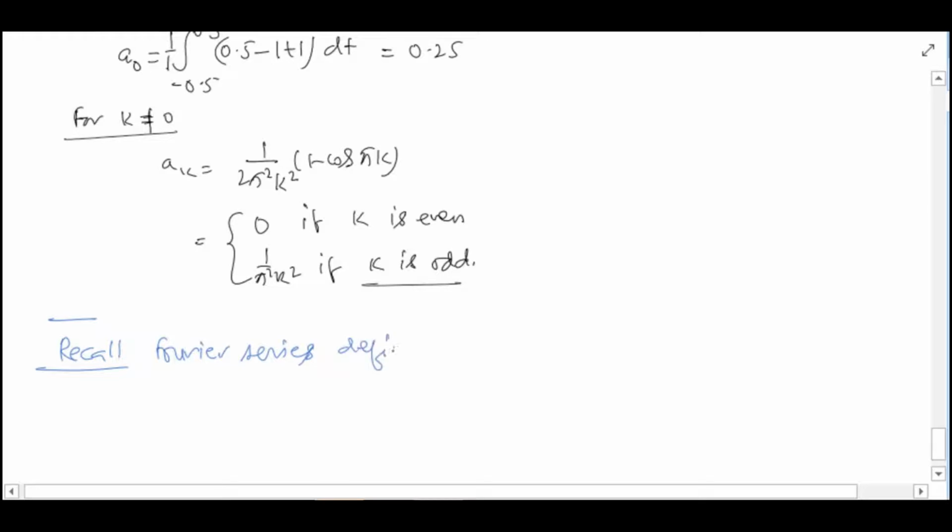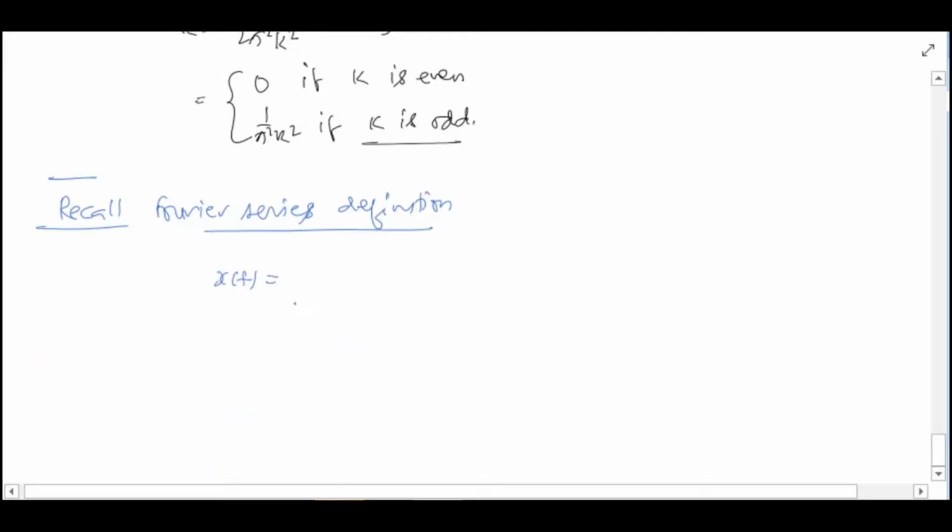We define the Fourier series for a signal x(t) to be the sum for k equals minus infinity to infinity of a_k e raised to jk omega naught t. In writing this, we assume that the series on the right hand side converges. Well, but the question is, does this series converge?